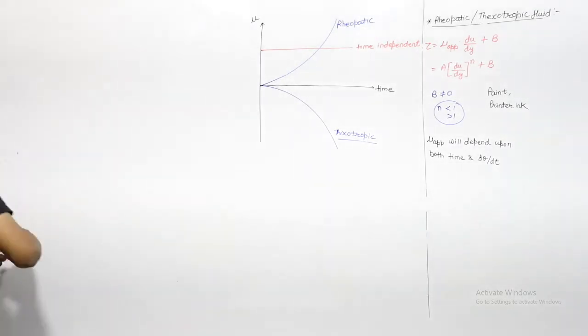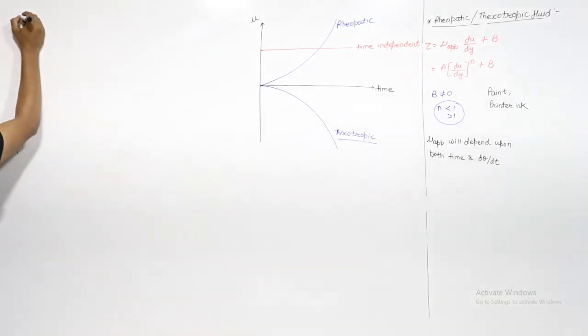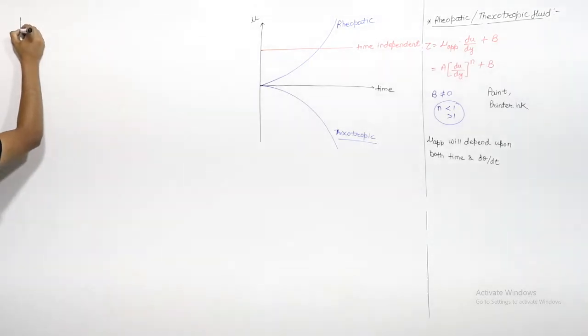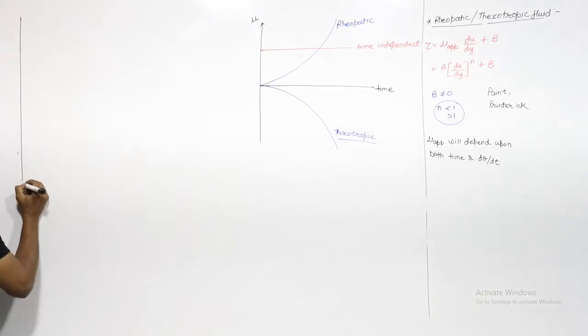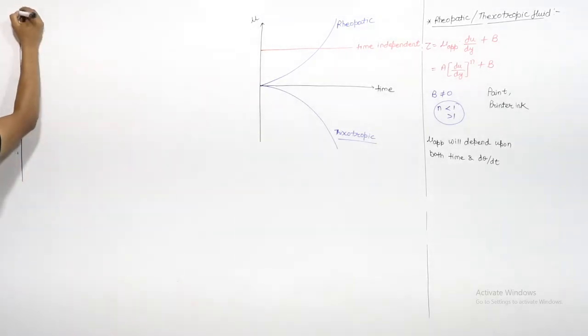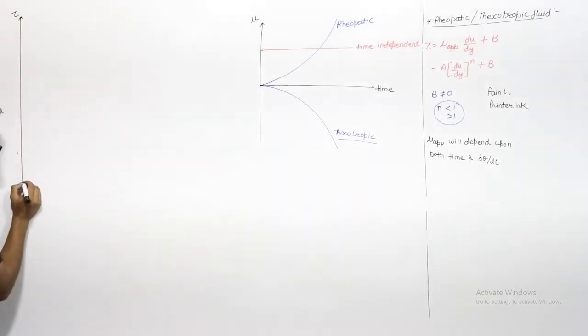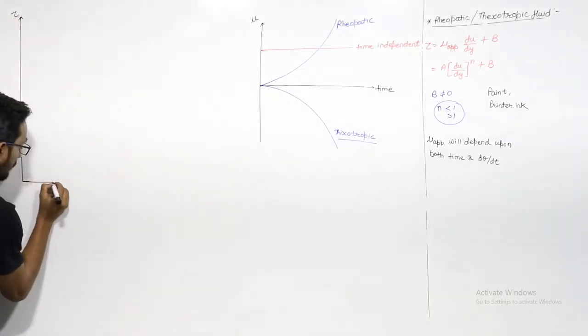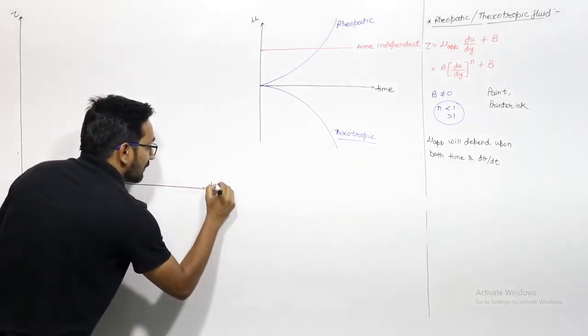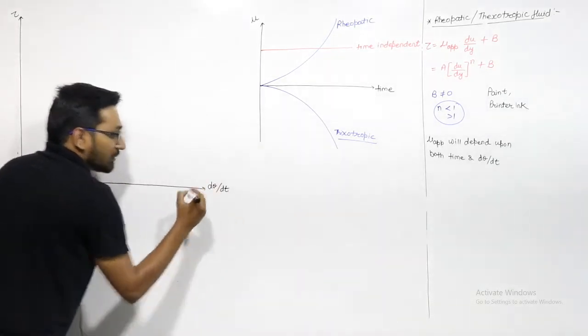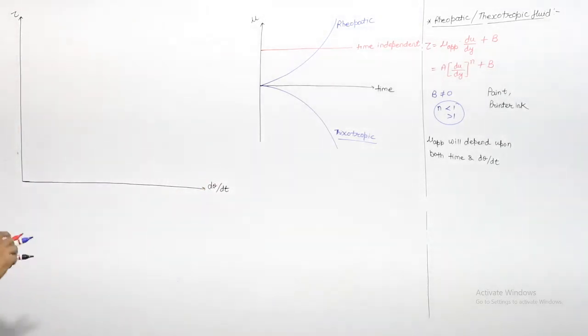So let us make a generalized graph for all of them between shear stress and the angular deformation rate. The y-axis is shear stress, and this is the shear stress versus d theta by dt graph.